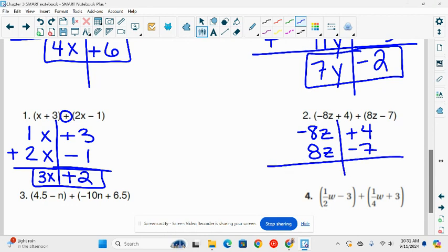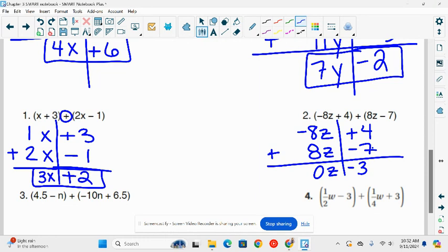You separate it. Alright, positive 4 plus negative 7. Negative 3. Negative 8 plus 8. 0z.